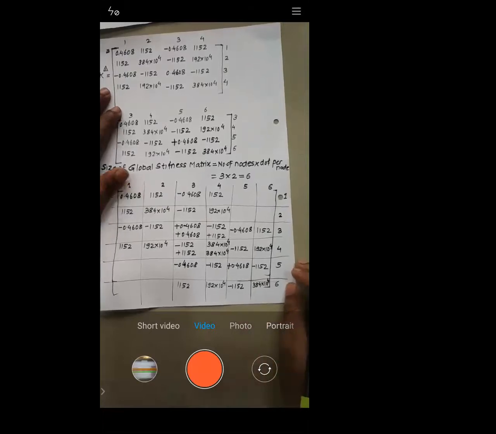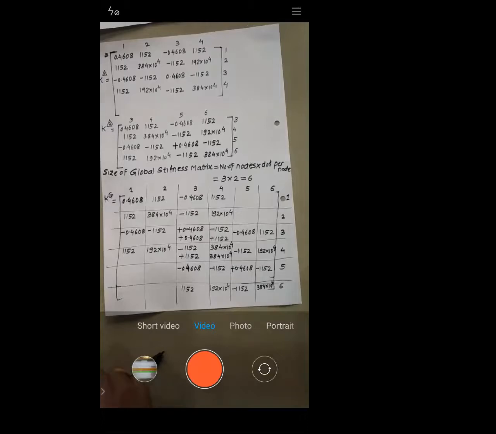Right? So, just pick it and place it. All of you just check with this. Minus, minus. Is it okay with this one? All of you just check.